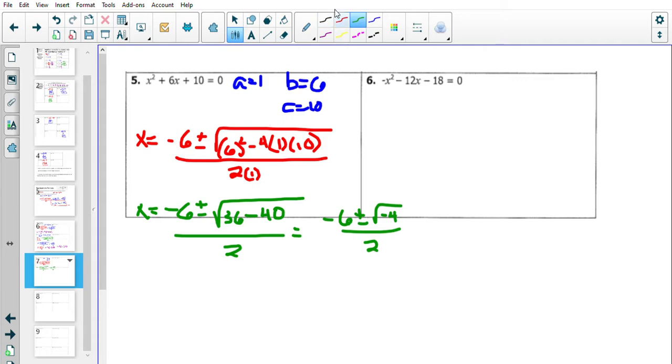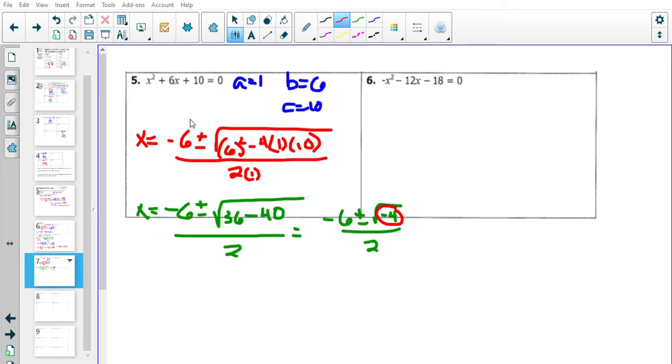Now, one thing you should notice here is this negative underneath the square root. As soon as you get a negative underneath the square root, you can't do this problem, okay? Because if I try to type in the square root of negative 4, it tells me it's undefined.